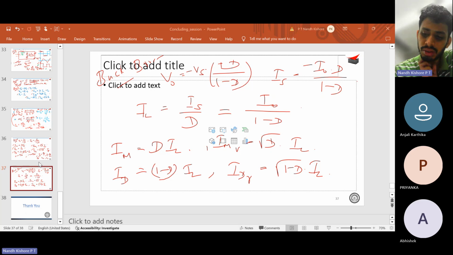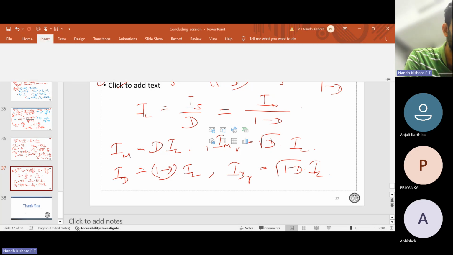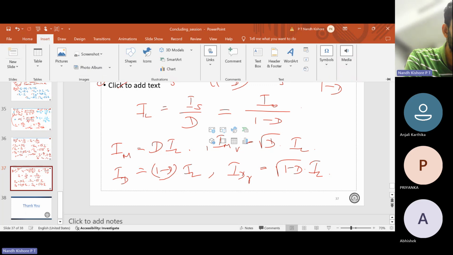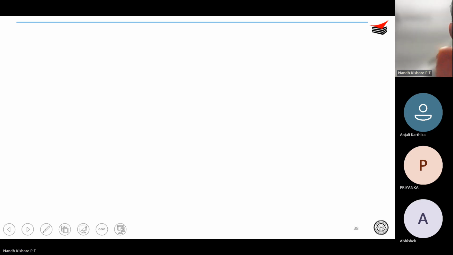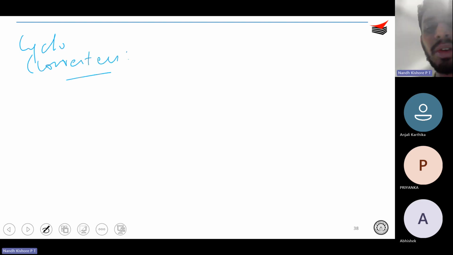Okay, fine. Or maybe I'll just add a small hack for AC voltage converters. Okay. For cyclo converters, mostly the problem is going to be find out the RMS output voltage.